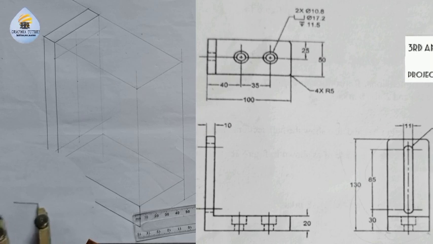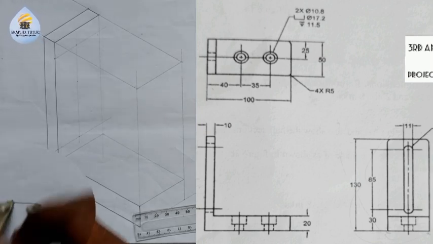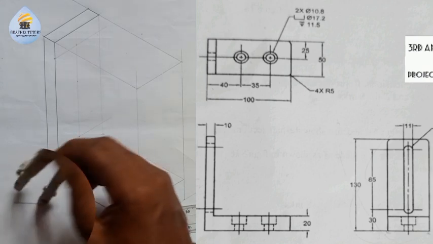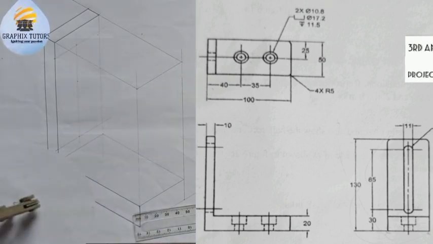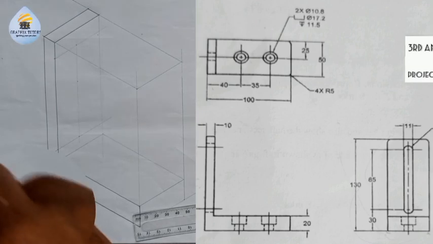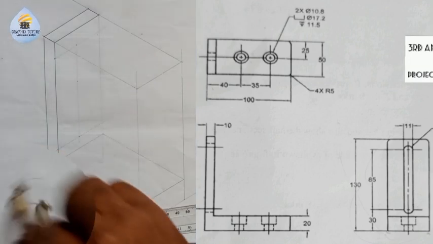So if I bisect it this way, I'll have this. I'll bisect it.